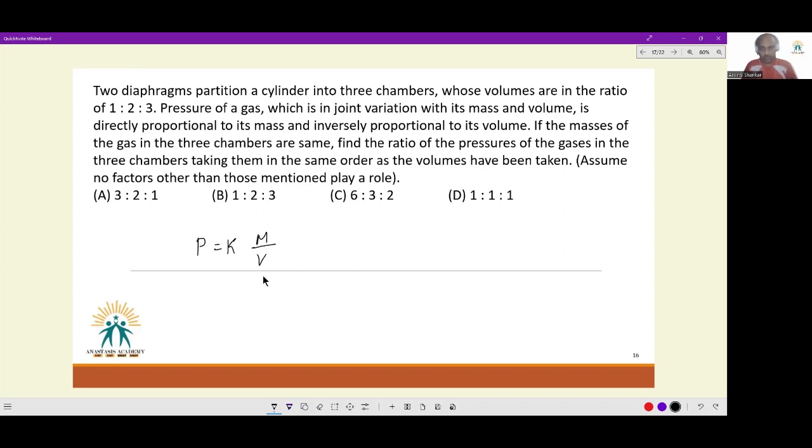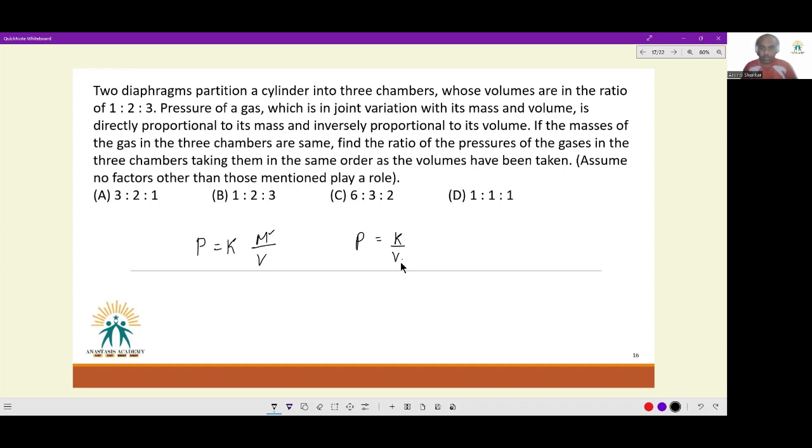This we can directly write. If the masses of the gas in the 3 chambers are same, which is saying mass has now become a constant. So pressure is equal to some constant divided by volume.